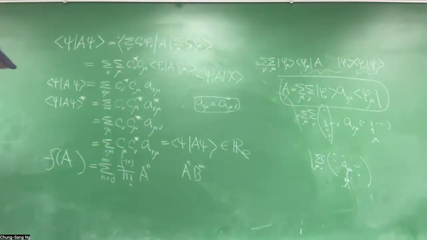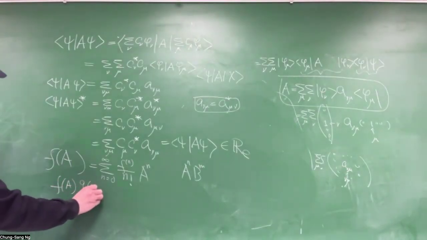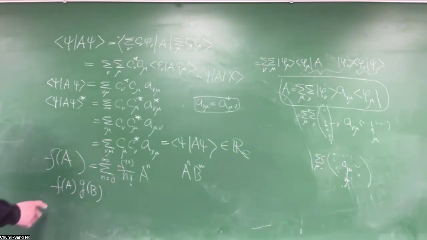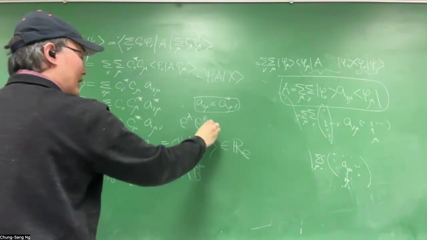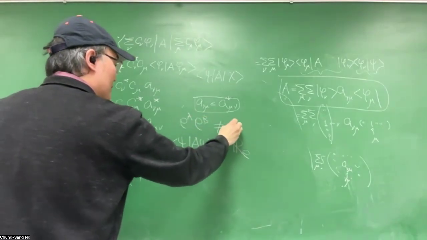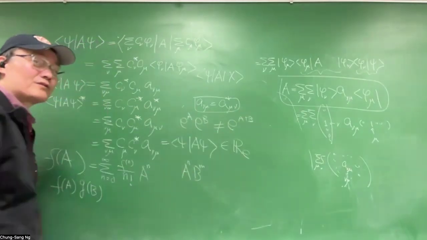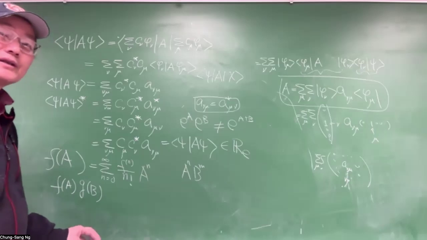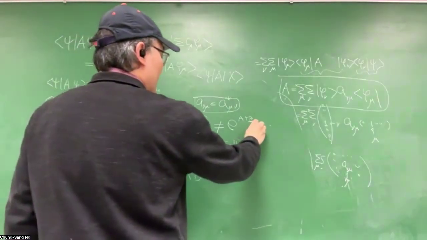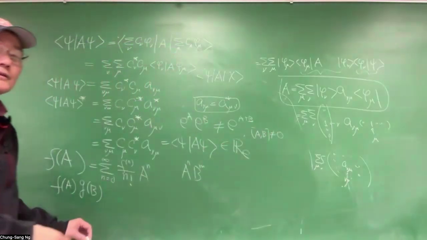If you multiply f(A) with g(B), even if the two functions are the same, like the exponential of A times the exponential of B, that is usually not equal to the exponential of A plus B, as it is for numbers. The operators are not the same because of this non-commutation of A and B.